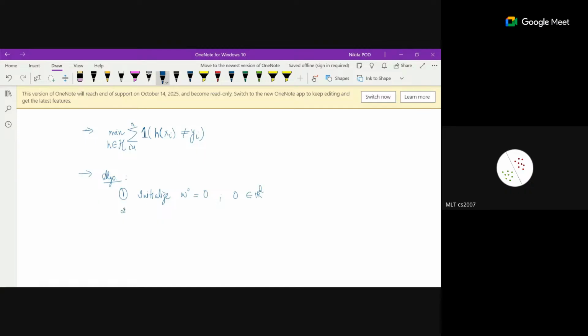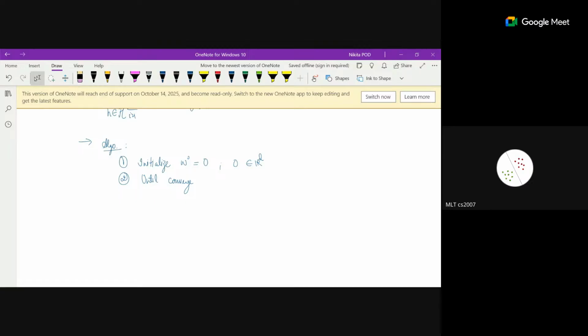Then, until convergence, there are just two steps in the algorithm. First you initialize W naught to be 0, and until convergence, you are going to check. What will you do here? You will select any xi, yi from the data set.